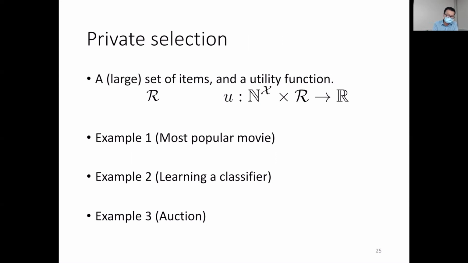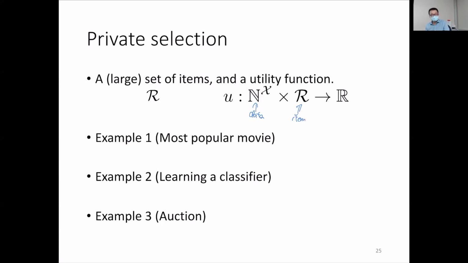We have a set of items in this R. You can think about this as an output space, and each item within this R is associated with a utility function, where this utility function takes a data set and this item and outputs some numerical value. The larger this number is, the more preferred we are about this item.